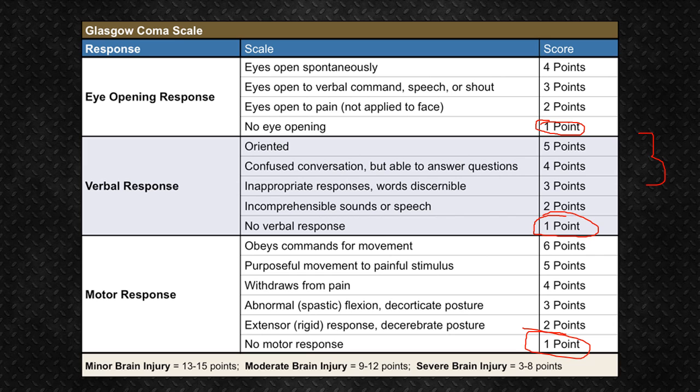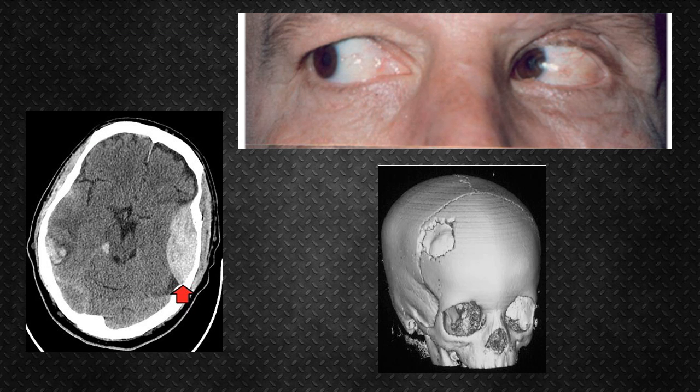And so we'll go through the assessment a little bit. He did have a depressed skull fracture. We didn't know this at the time, other than he did have a very large hematoma on his left temple area.